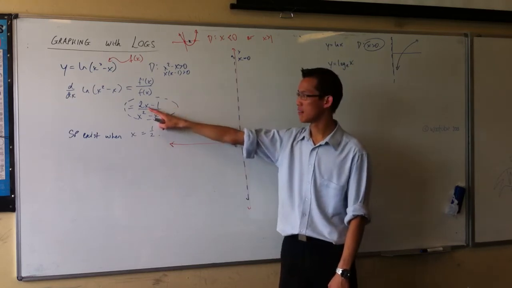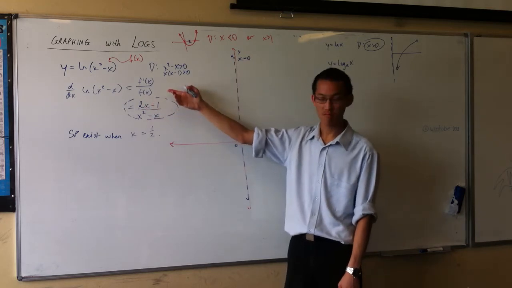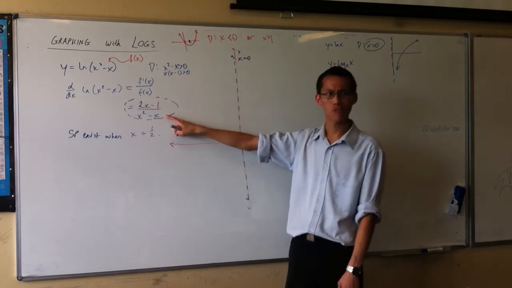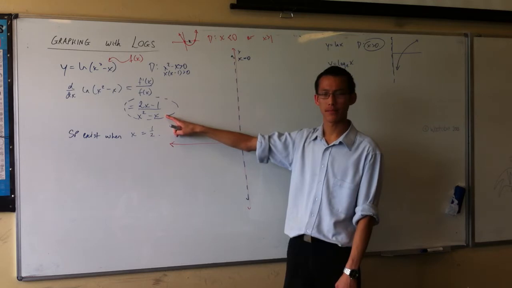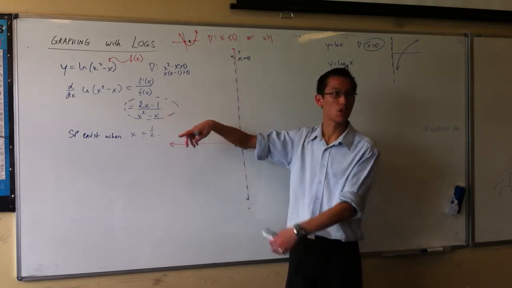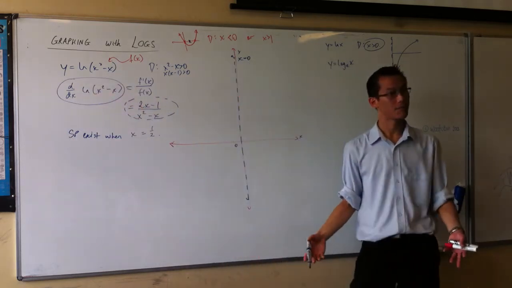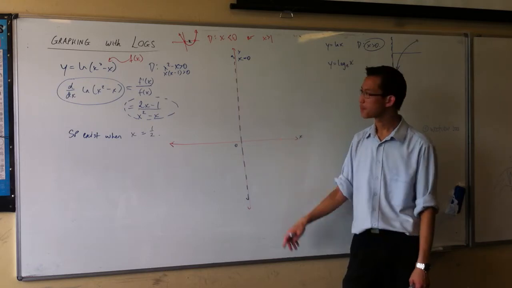So it might be, say, x equals minus 1. So this would be minus 2 minus 1, that's minus 3. And then what do you get on the bottom? This negative will turn into a positive. So negative divided by positive, the gradient, that's what this thing tells you. The gradient's negative, which means it's decreasing.